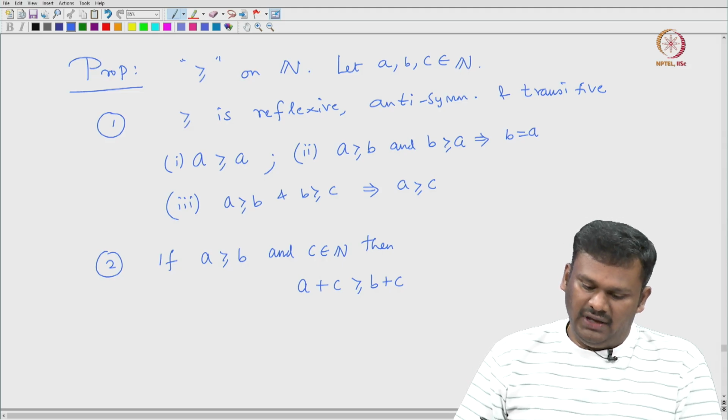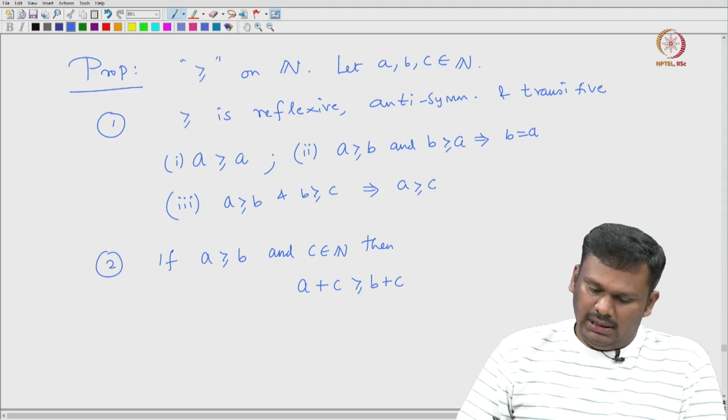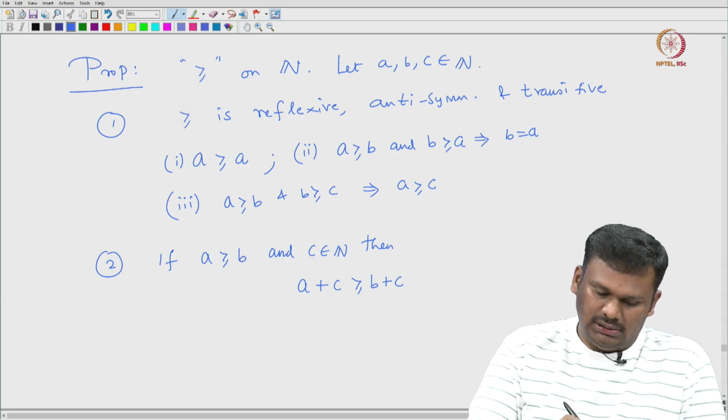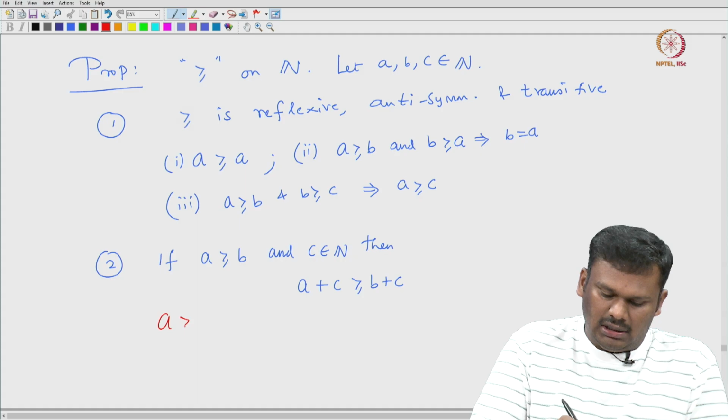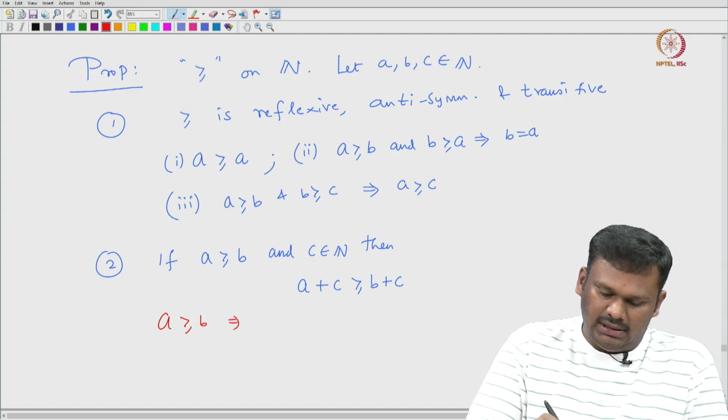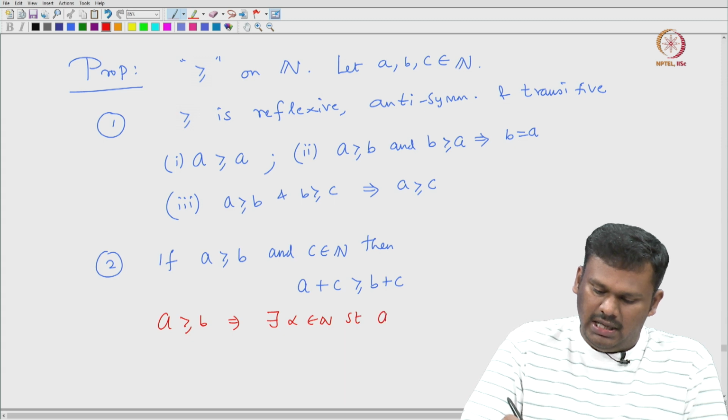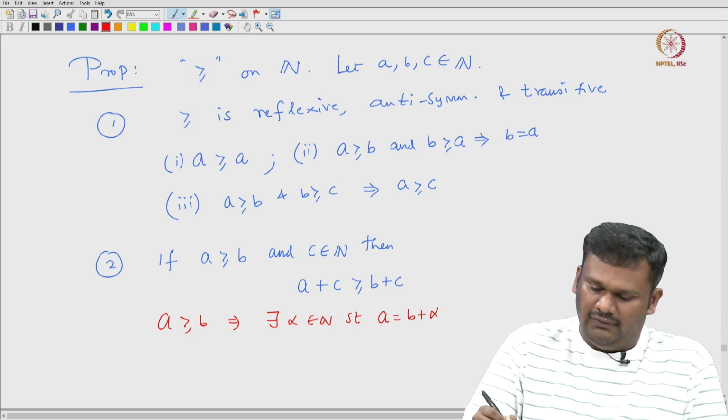Okay. So, the way we prove it, let me just outline the proof here. a greater than or equal to b implies that there exists alpha in N such that a equals b plus alpha.